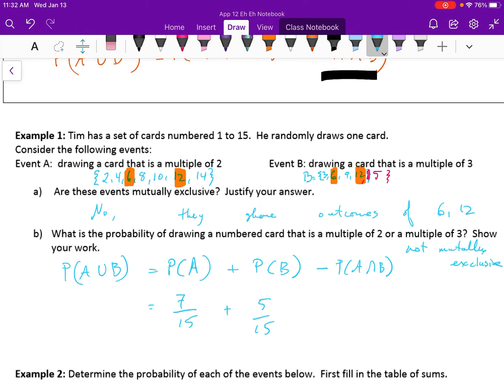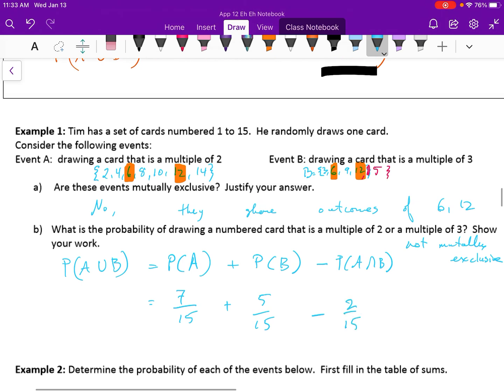So here the probability of B occurring is 5 out of 15, minus the probability of A and B occurring. Well, there are those elements of 6 and 12, so that's 2 out of 15. So overall, the probability of A or B occurring is 10 out of 15, or 2 out of 3 if you simplify.